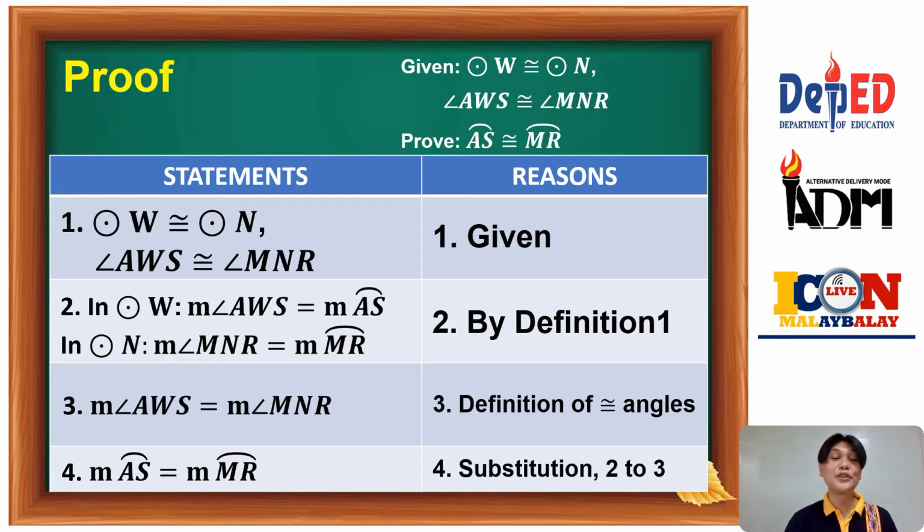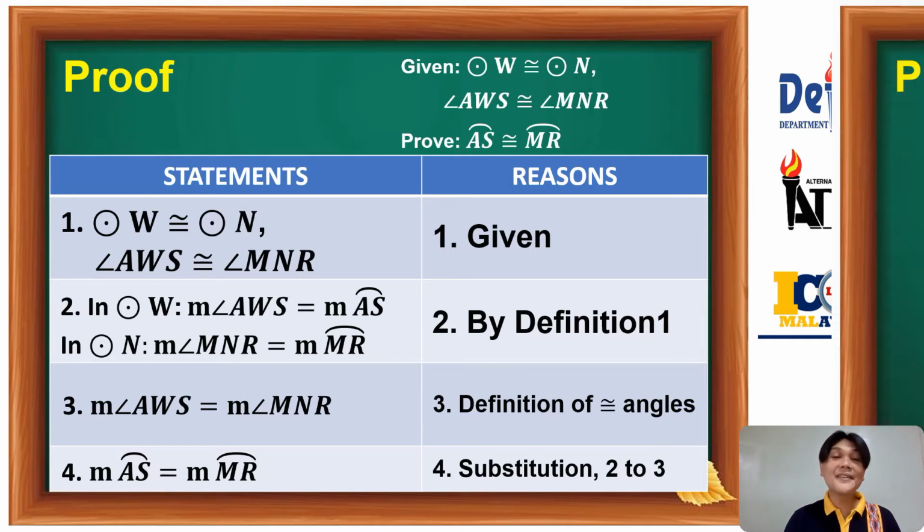Okay, so substitution property: substitute measure of angle AWS equals measure of arc AS to statement 3, so we have measure of arc AS, and the measure of angle MNR equals the measure of arc MR. Substitute it to statement number 3 to have measure of arc MR equal to the measure of arc AS.